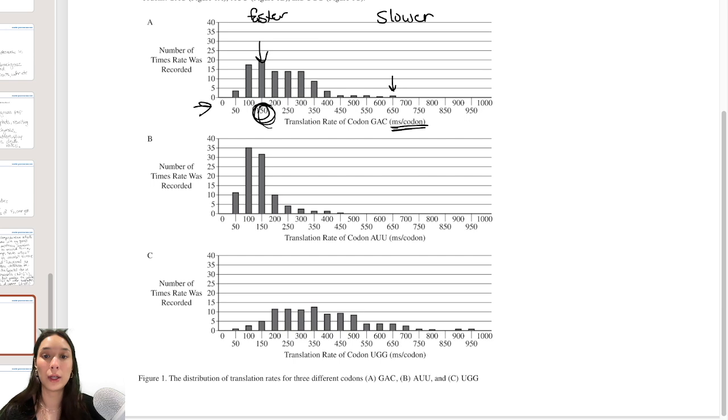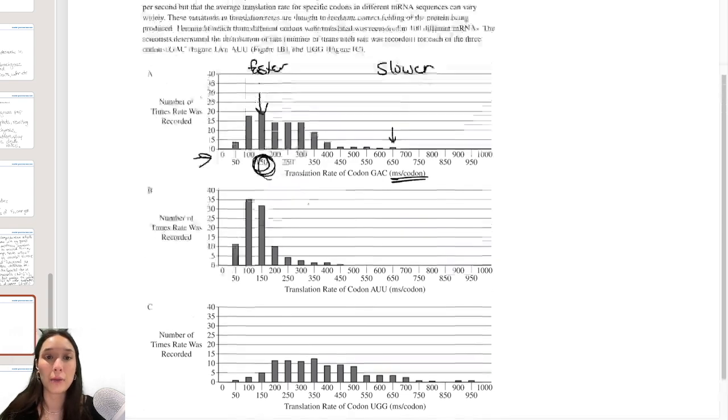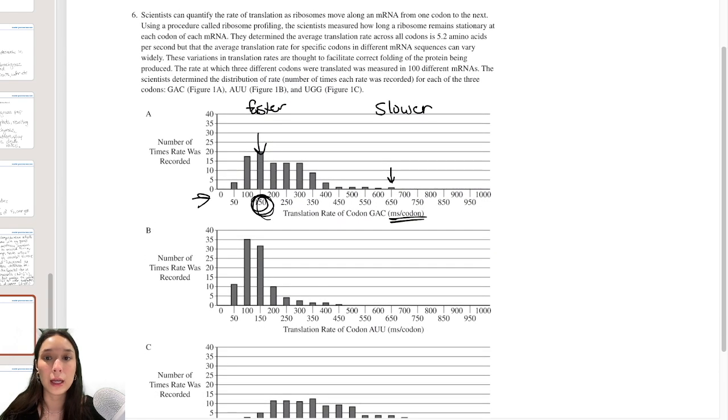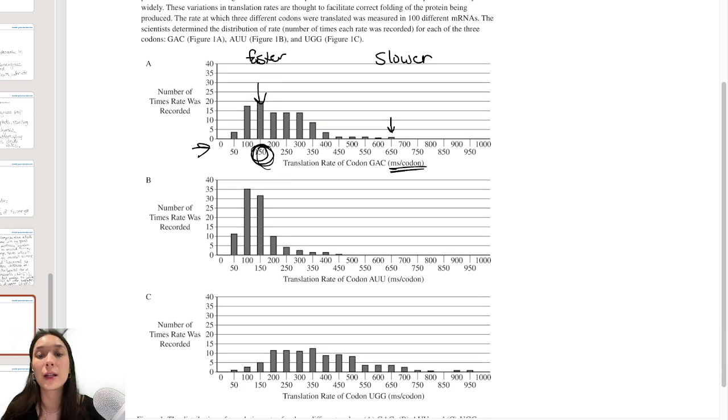I had some students read this incorrectly and think it was codons per second, which I believe they reference in the question. However, you have to be mindful of what they actually give you in the graph, which is milliseconds per codon.